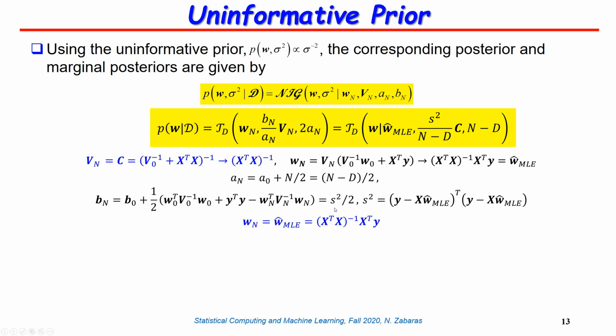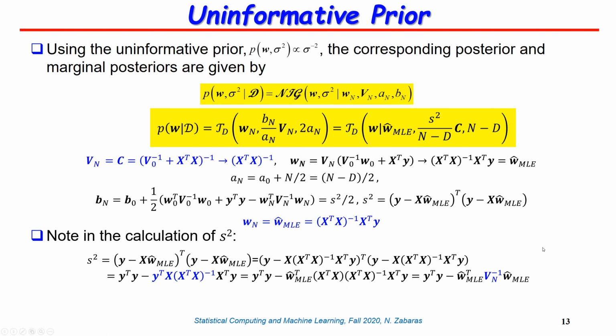And then Bn is simplified, with some algebra that you will see at the bottom of the slide, to s squared over 2, where s squared is the quadratic error between my predictions using the MLE estimate for W and my target values Y. Again, Wn is the same as my MLE estimate for W. The only thing you need to prove here is that Y transpose Y minus Wn transpose Vn inverse Wn is equal to this, and I give you the derivation at the bottom of the slide.